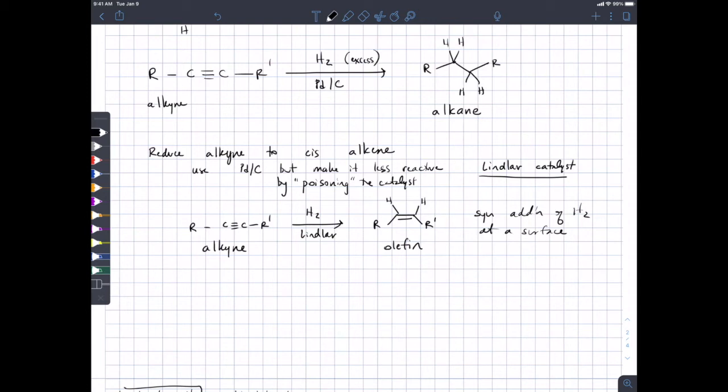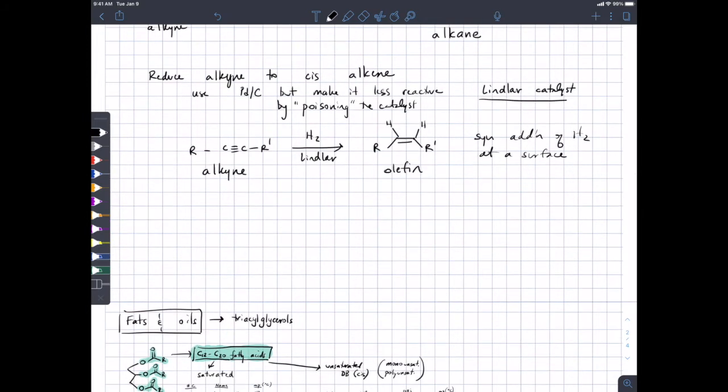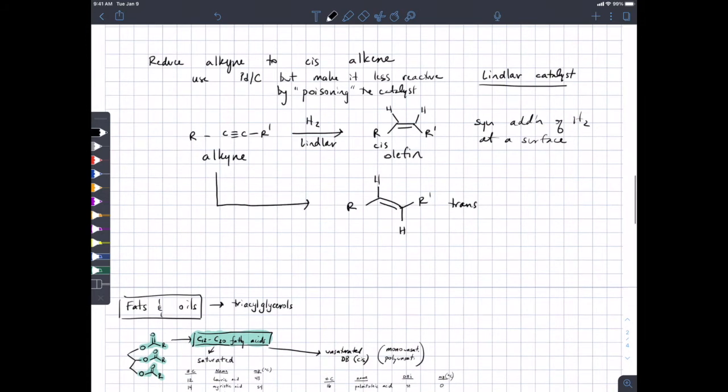Since chemists like to have ways of doing both diastereomers, there's another method for making the trans olefin instead of the cis olefin. And this is to use sodium metal.